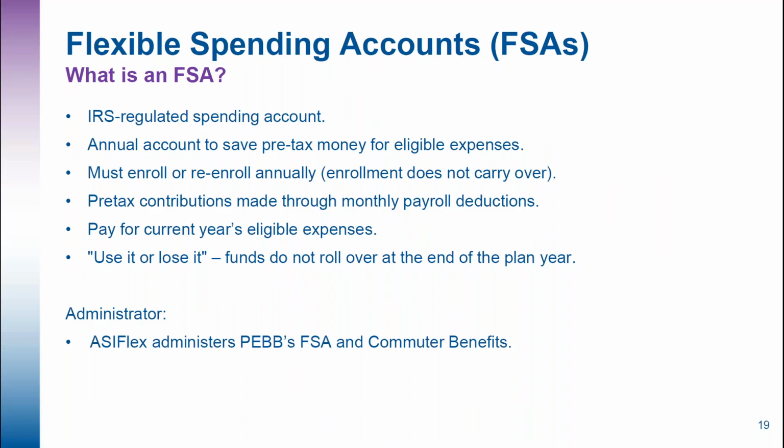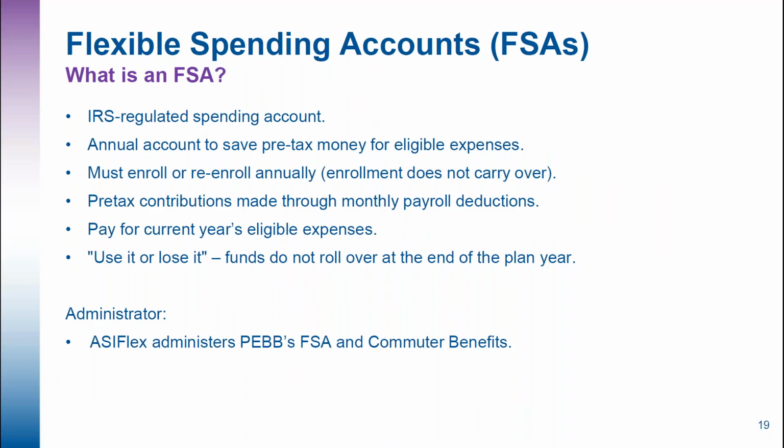There is a couple of questions on what happens with the money if they don't use it. That's a good question. If you don't use the money that's in your account and it expires, the money goes to PEBB, and the money sits in one of our funds that helps buy down the premiums on the PEBB plans.